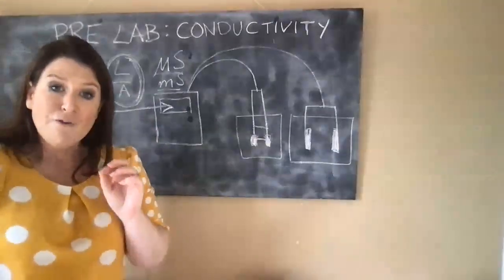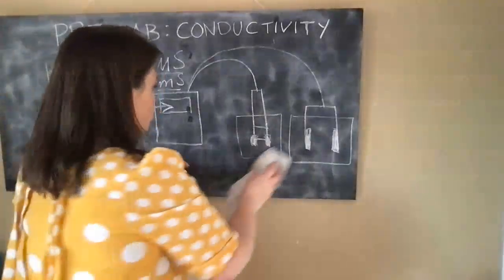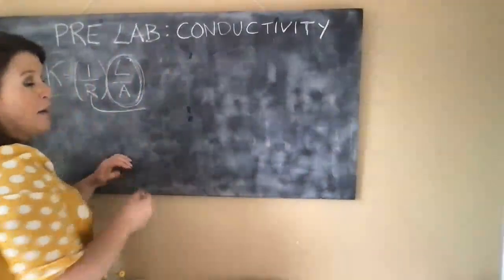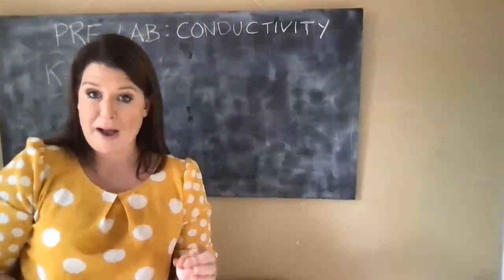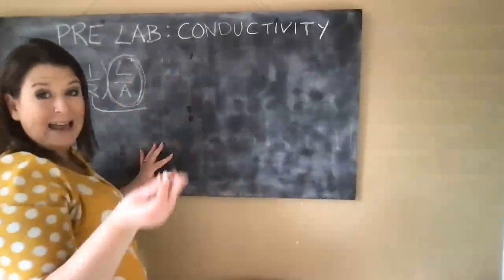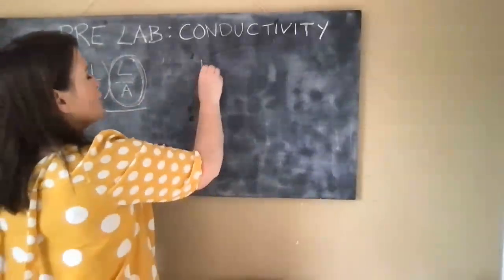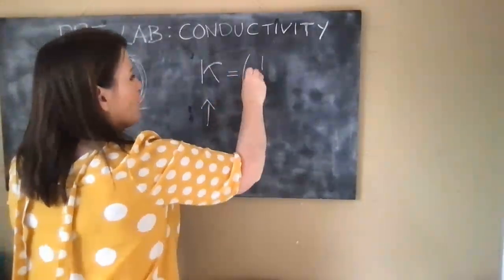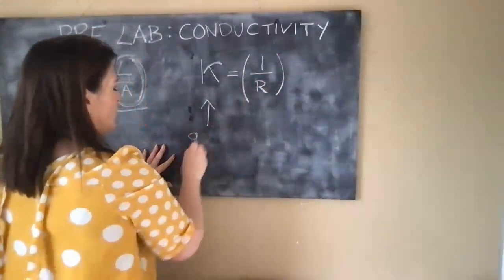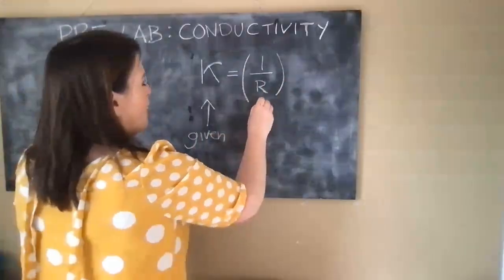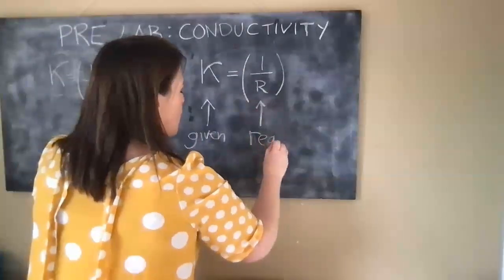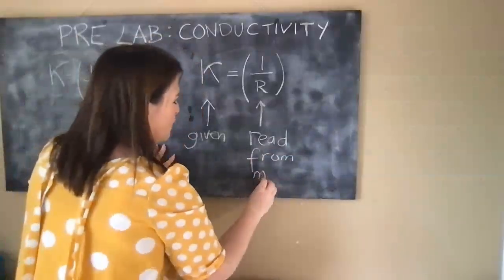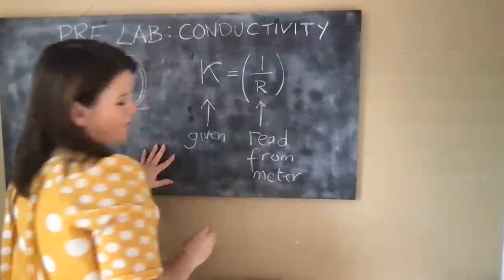Now, for the KCl, you're going to be given a literature value, and I'm not going to work it out for you. You need to go through the manual and find it. But for the KCl alone, you are given a numerical value to plug into the equation. You will also have the reading from the meter.